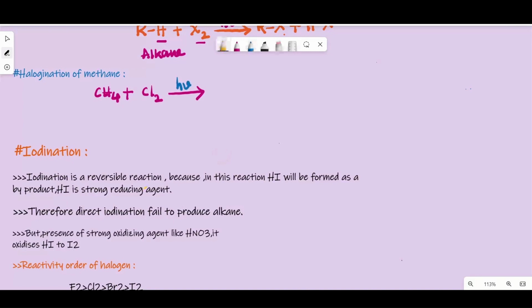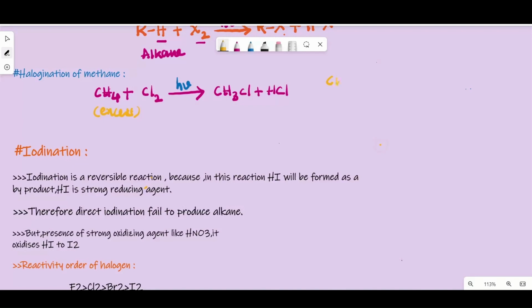If you take methane in excess, then we will get chloromethane as a product, CH3Cl plus HCl. And if you take Cl2 in excess, then we will get trichloromethane. Let's see that also.